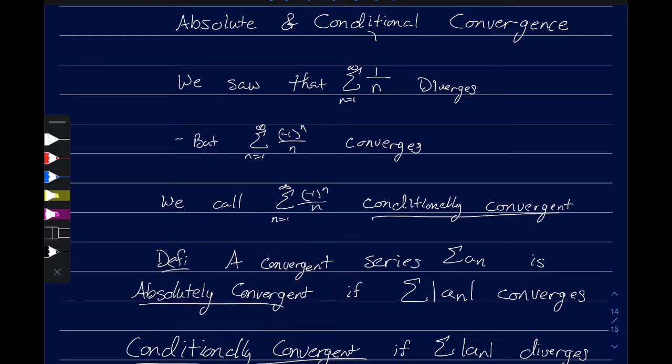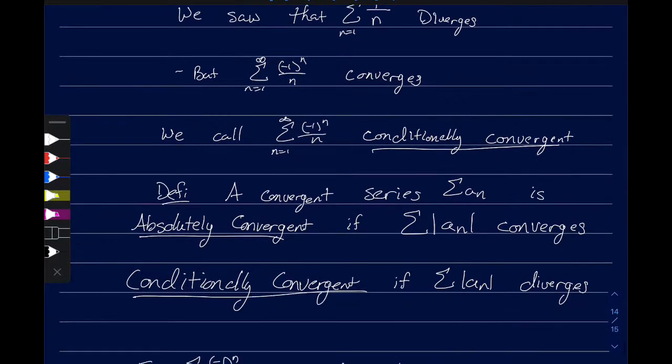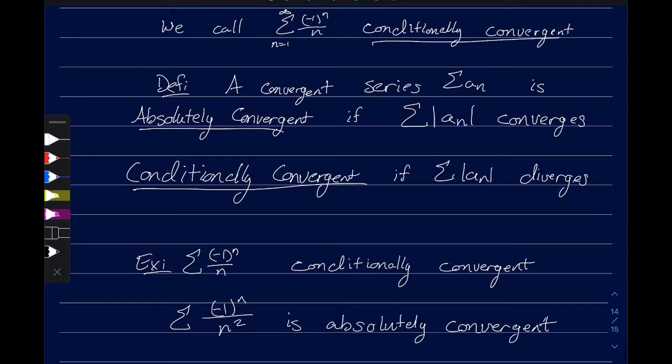Now remember that our initial series has to be convergent. If our initial series diverges, then there's no way it can be absolutely or conditionally convergent, because then it wouldn't be convergent, right?